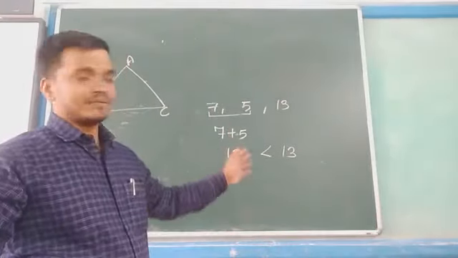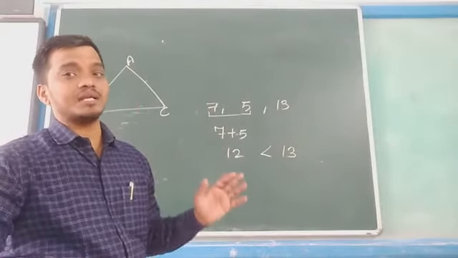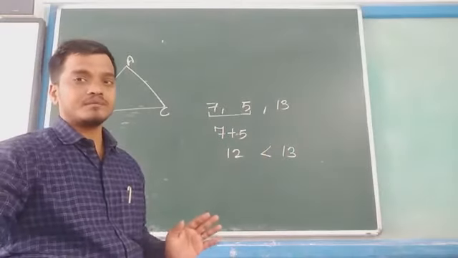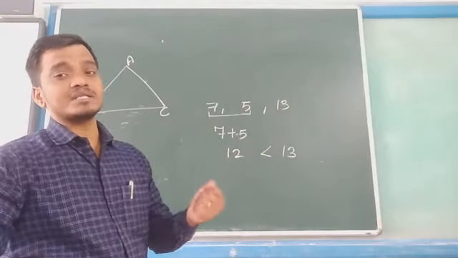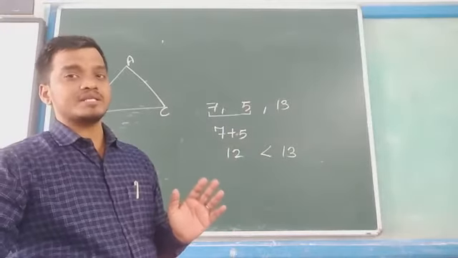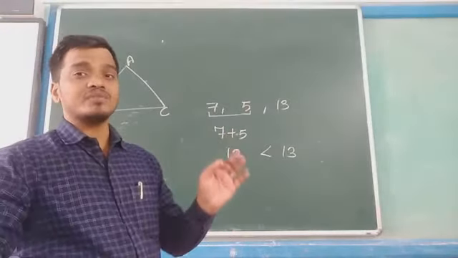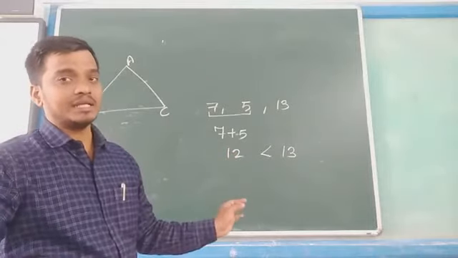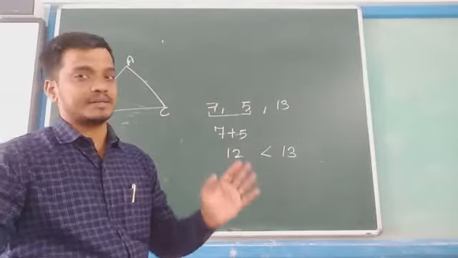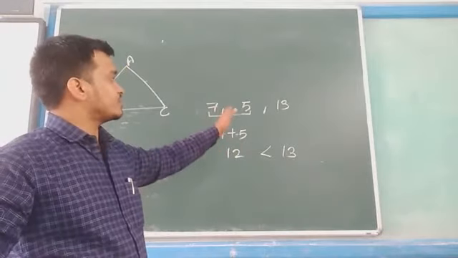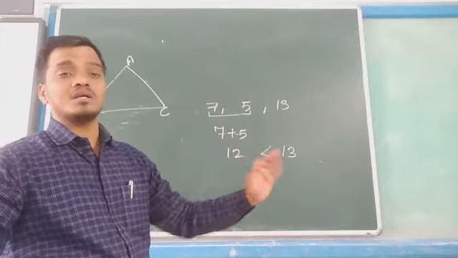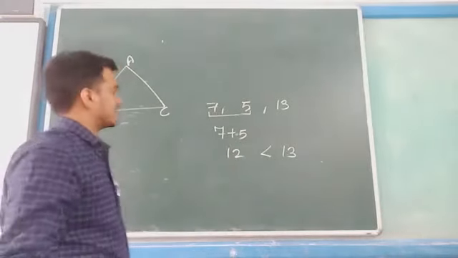So if the question is to frame one triangle whose sides are 7, 5 and 13, simply you can say that this type of triangle is not possible, because the property says that the sum of any two sides of a triangle should always be greater than the third side. And here the sum of two sides is coming smaller than the third side. So this triangle is not possible in any condition.